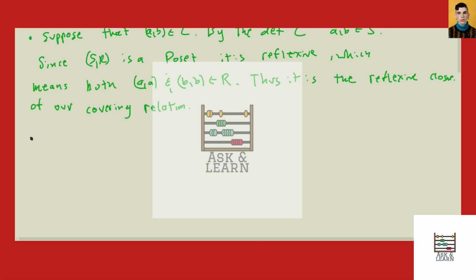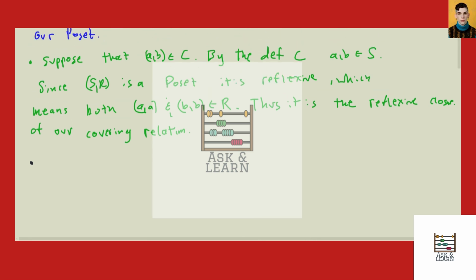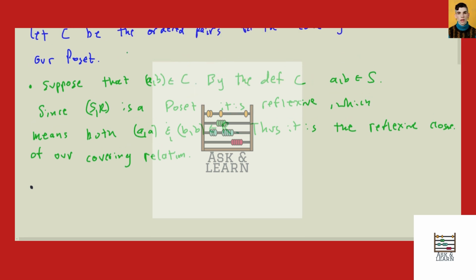It wouldn't hurt to say what we're doing here, so maybe right here we can say reflexive closure, just to tell the reader what we'll be doing. And then down here, we'll say transitive closure. All right.